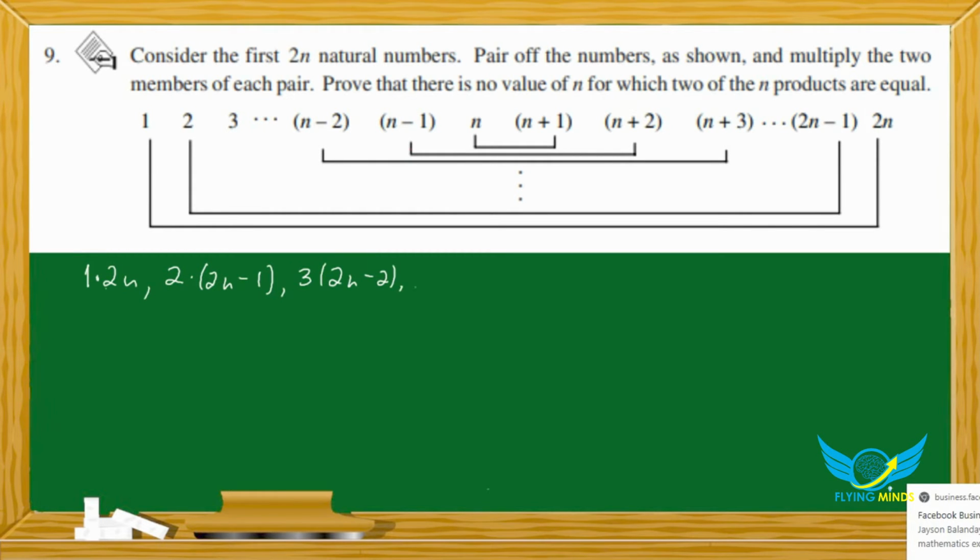So following this logic, it will be k times 2n minus k plus 1, and then p times 2n minus p plus 1, and the last will be n times n plus 1.